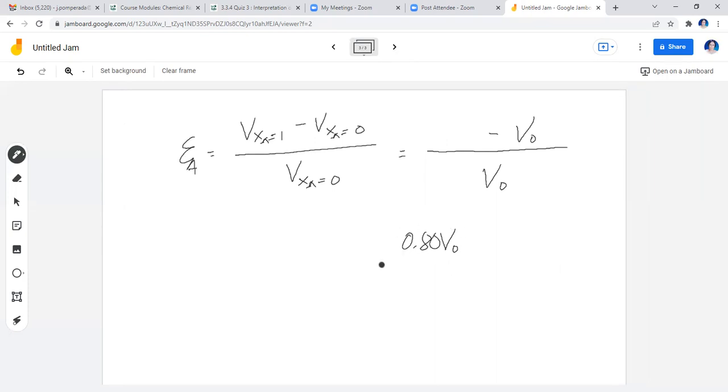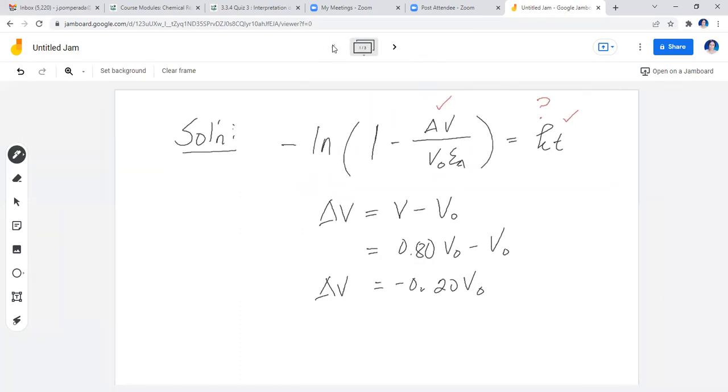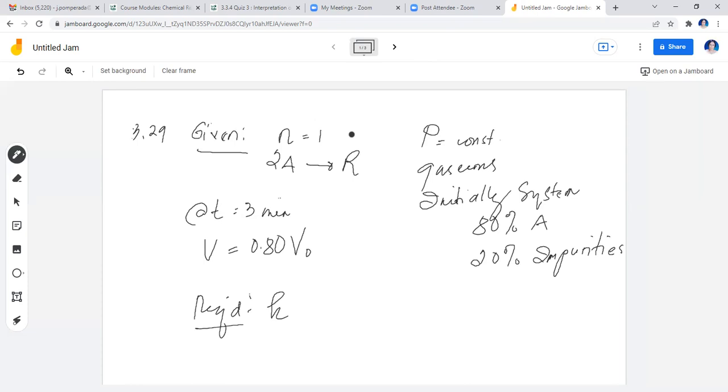From this 80% of the initial volume of my system, I will have a corresponding increase in the volume due to the formation of R.